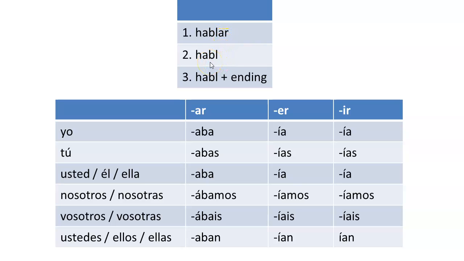The stem or the root is the same thing. In the final step, you just add your ending according to the subject that you're using, and that gives you the conjugated verb. See my other video for practice doing this. The first video has some practice exercises doing this.